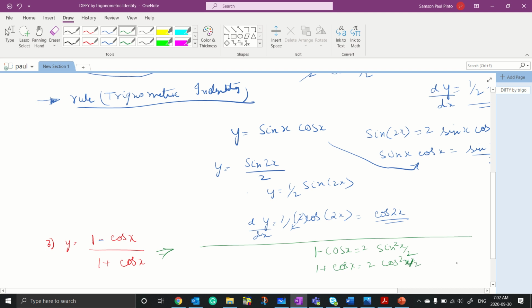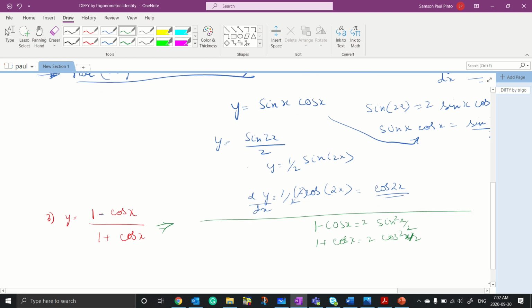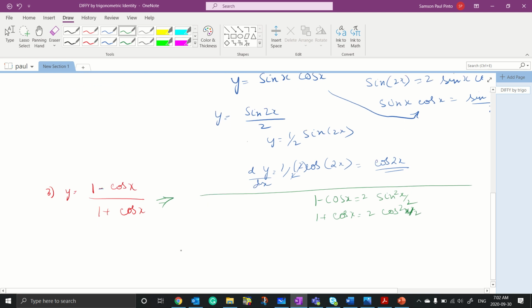Now if I substitute this formula here, I will get y is equal to 2 sine square x by 2 divided by 2 cos square x by 2. The 2 will get cancelled and I will get tan square x by 2.